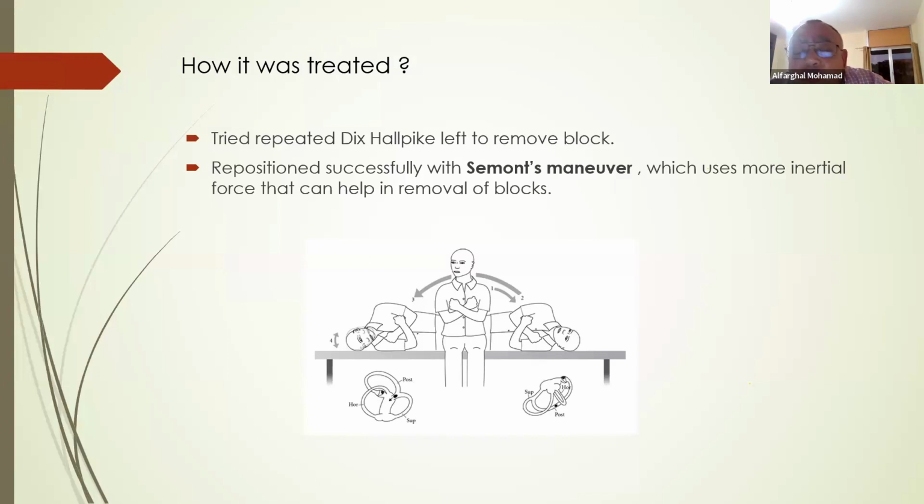Medication is justified in some cases, but the mainstream is that they just do the repositioning and they get cleared. So it's not routine to prescribe medication, but in some cases it's well justified.